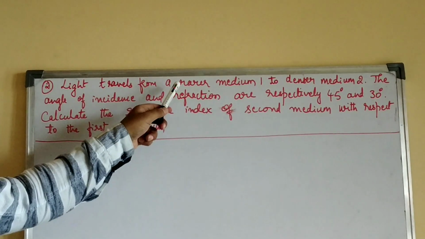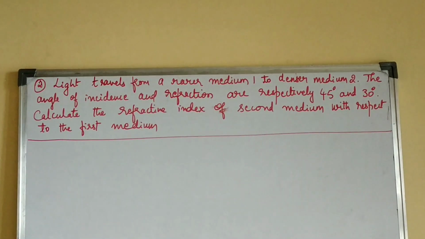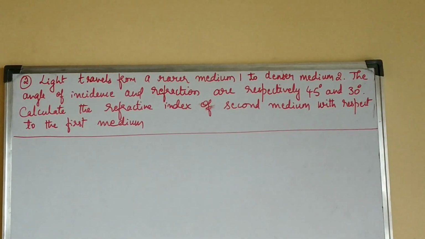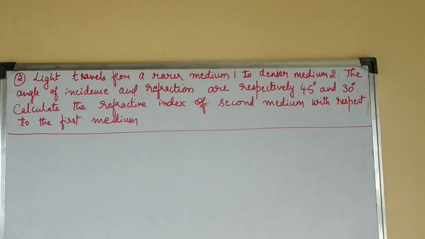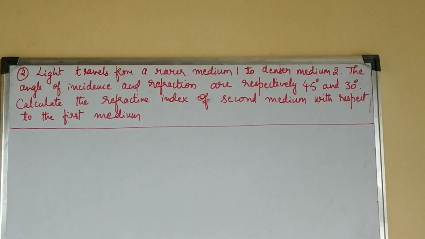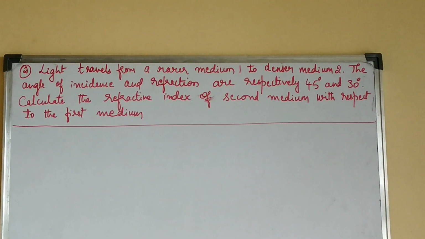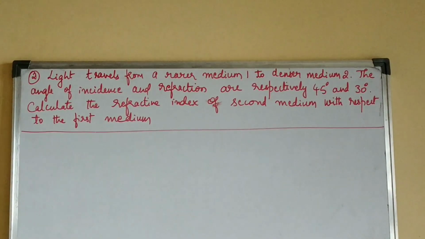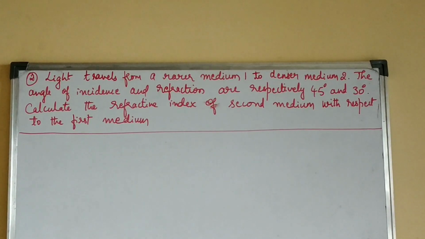Now second problem. Light travels from a rarer medium 1, that is the first medium, maybe air, to the denser medium 2, maybe water. The angle of incidence and refraction are respectively 45 degree and 30 degree. So angle of incidence is given, angle of refraction is given. Now you should think which formula I have to use.